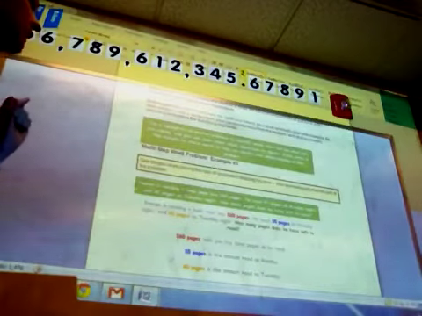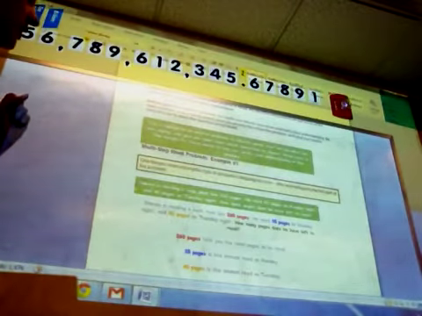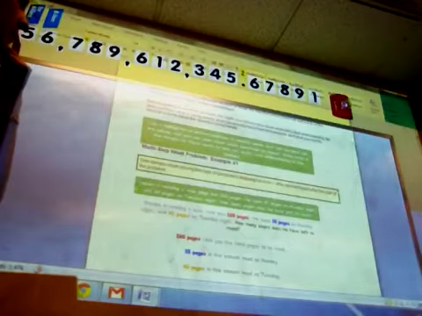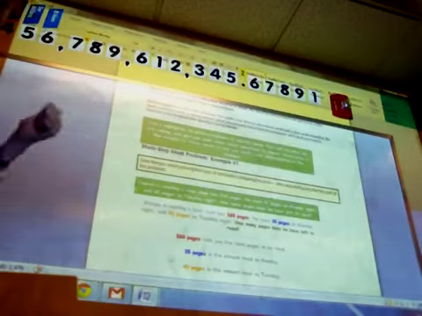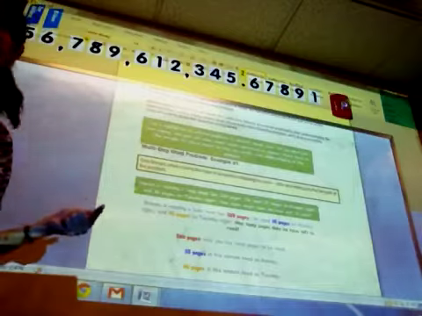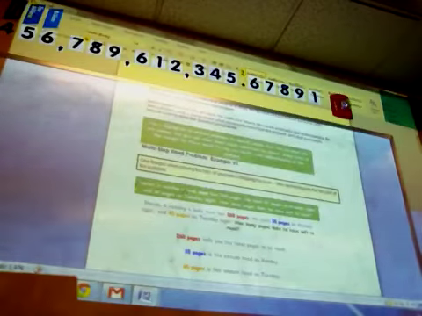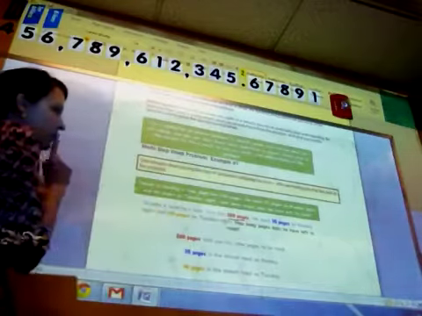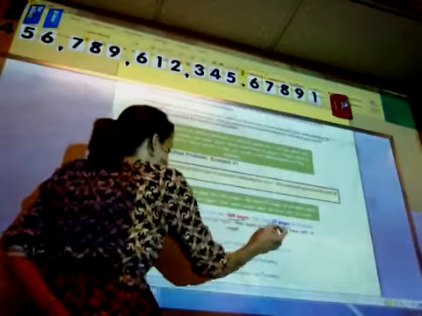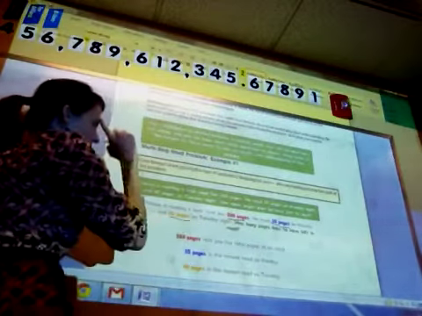It says, Stephen is reading a book that has 260 pages. He reads 35 pages on Monday, 40 pages on Tuesday. How many pages does he have left to read? So we've read the problem. Now let's dissect it for important information. We know he has 260 pages total. He read 35 on Monday, 40 on Tuesday.